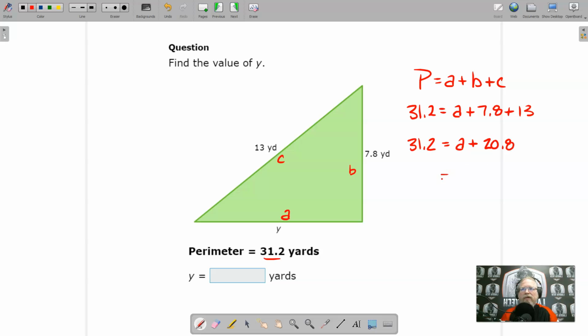Now let's subtract 20.8 from each side, which is exactly what would have happened if you added those two together and then subtracted from 31.2. So 31.2 minus 20.8 gives us a difference of 10.4. So side A is equal to 10.4, which is also the value of y.